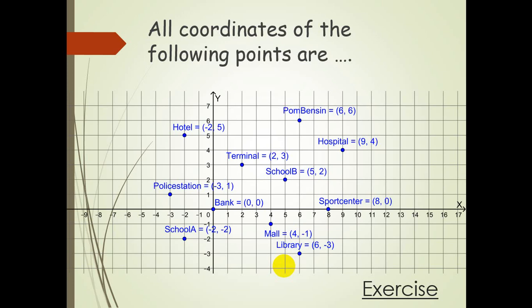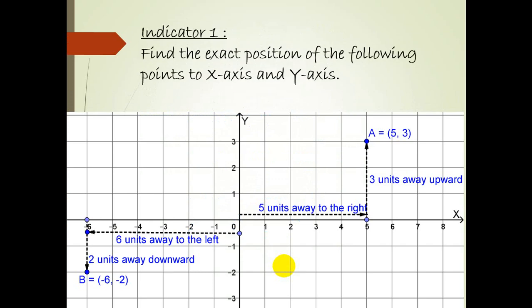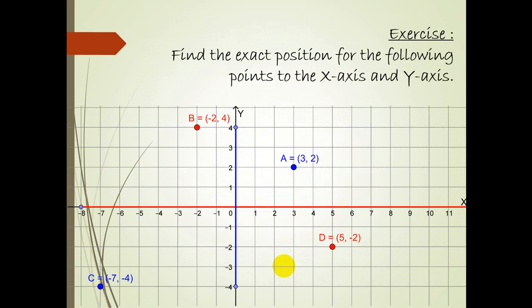Okay, now let us continue to the next slide. How about this? Find the exact position of the following points relative to the x-axis and y-axis. The exact position of point A is 3,2. What does it mean? It means 3 units to the right from the origin, and then 2 units upward.